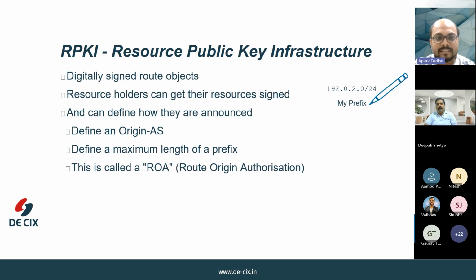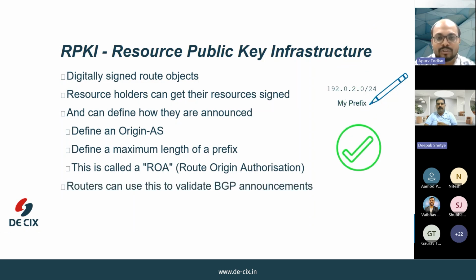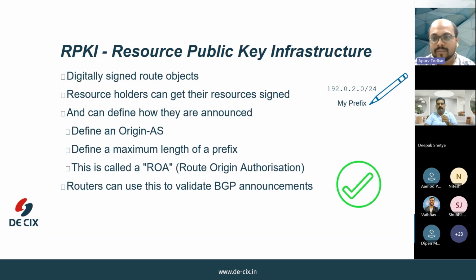For instance, in this example, the prefix 192.0.2.0/24 is a resource you might have obtained from RIPE NCC or ARIN or APNIC, depending upon your region. In India, APNIC is the one that takes care of this.